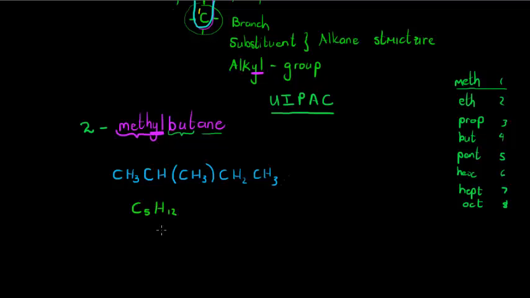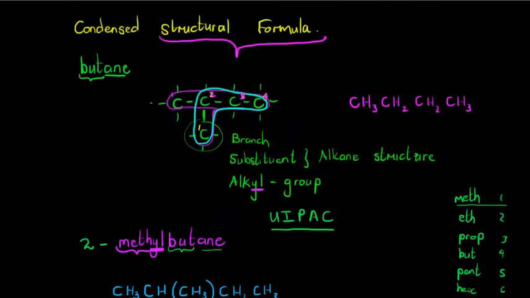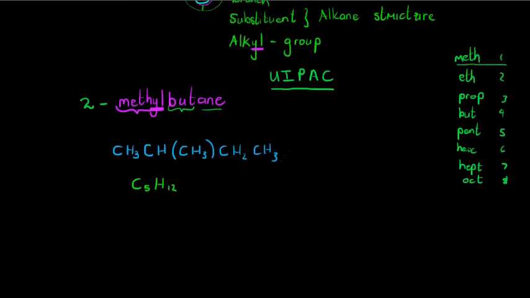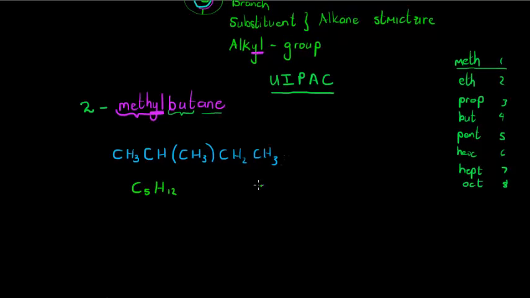And now I want you to notice that it is the exact same general formula that we had for all of the alkanes: for every carbon I have 2 hydrogens plus another 2. So even if I were to add as many branches as I want, as long as they're normal alkyl branches, I will have the exact same molecular formula.